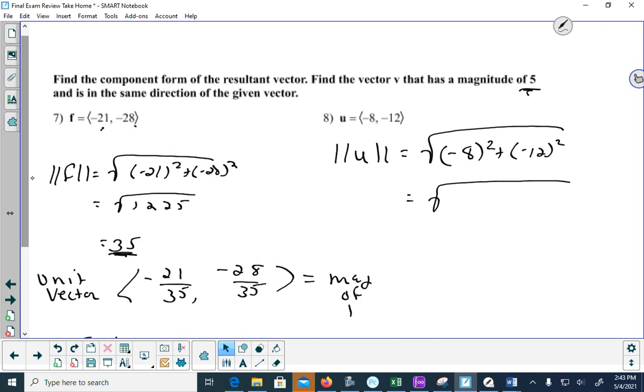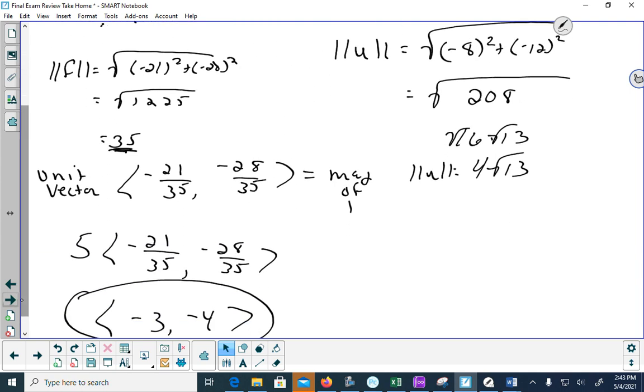All right, when I do this, I get 208. That's really 16 times 13. So 4 times the square root of 13 is going to be the magnitude of u. I guess if you left it as 208, I don't know what's going to happen. I have no idea, but I did 4 times the square root of 13.